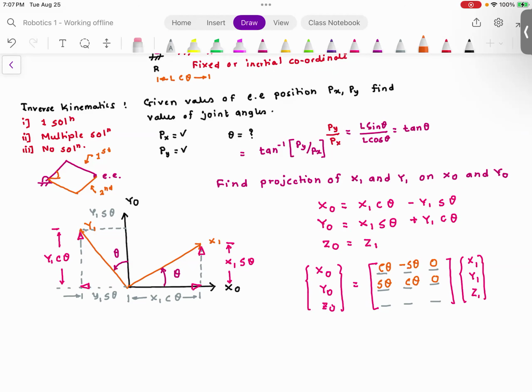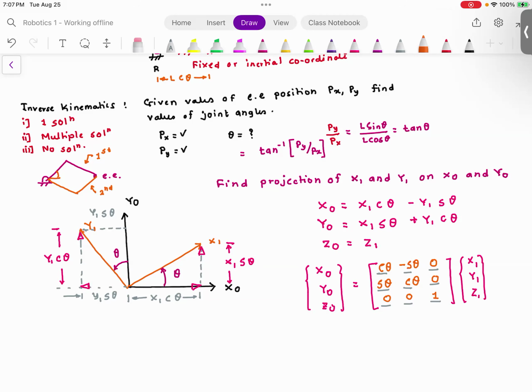You agree with me? And the last row will be 0, 0, 1. This is the most important matrix that you will use in robotics 1. This matrix is simply cosine theta, minus sine theta, sine theta, cosine theta, and at the diagonal, it would be 1. Please note, when you have 1 in the diagonal, the other elements are going to be 0. So here there will be 0, here there will be 0, here there will be 0, and 0 over there.